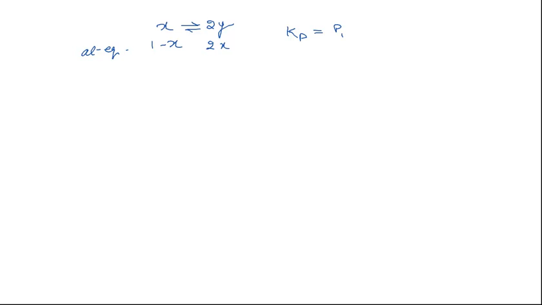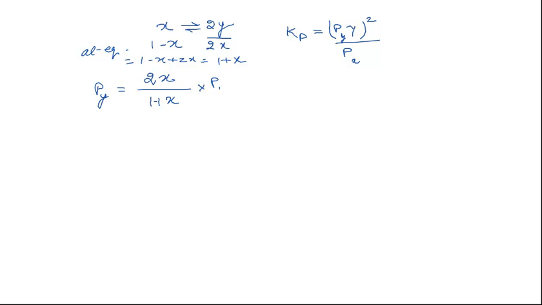Kp is equal to the partial pressure of Y squared divided by the partial pressure of X. Partial pressure is equal to the mole fraction times the total pressure. So the partial pressure of Y is 2x by 1 plus x into P1, the total pressure.